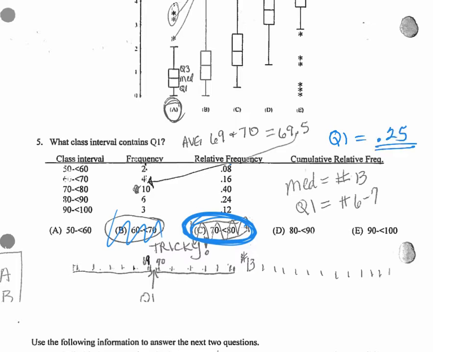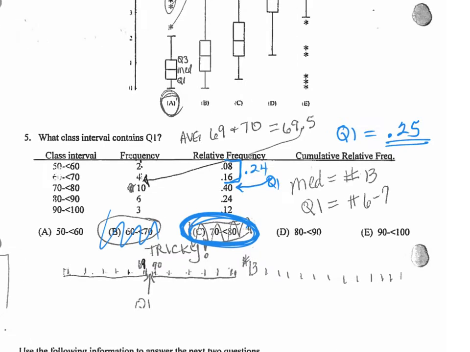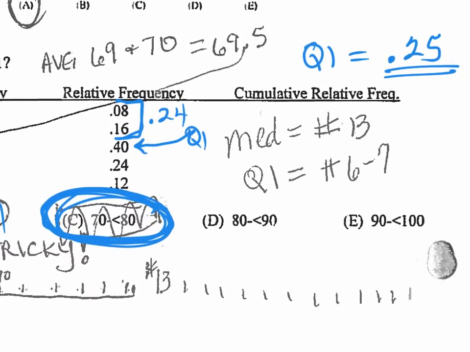So look at these two bins. These bins contain how much data? 24%. So therefore, Q1 is going to fall in that next bin. Do you see that? Q1 will fall in that next bin because those first two bins contain 24% of the data.